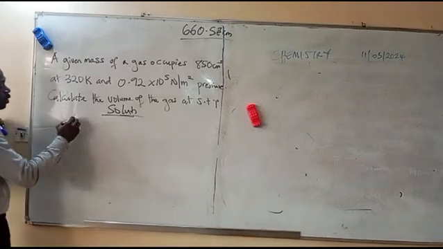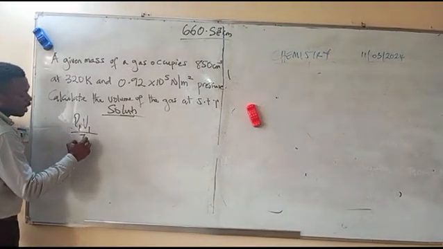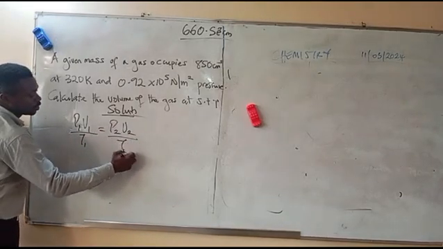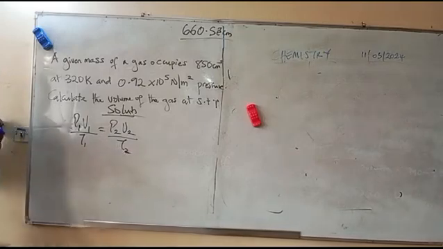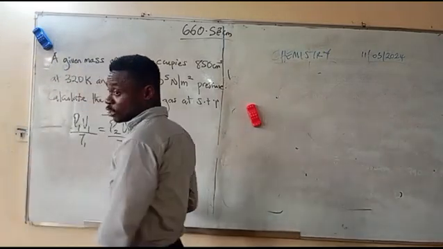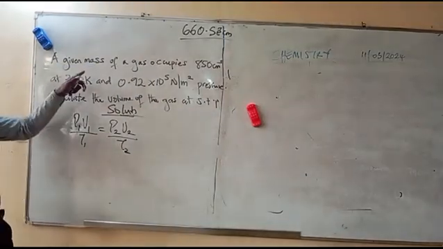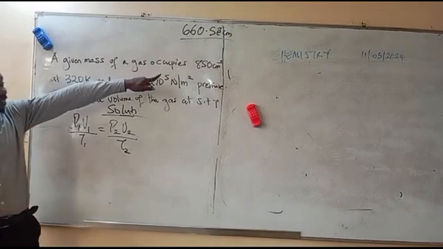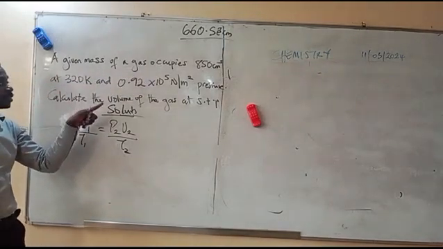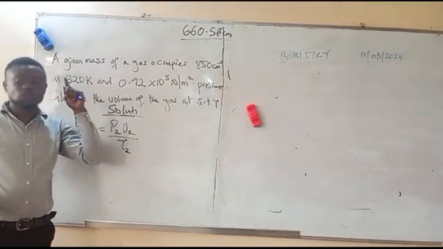So P1 V1 over T1 is equal to P2 V2 over T2. From this question, what is P1? The question says a given mass of the gas occupies 850 cm3 at 320 Kelvin and 0.92 times 10 to the power 5 Newton per meter squared.